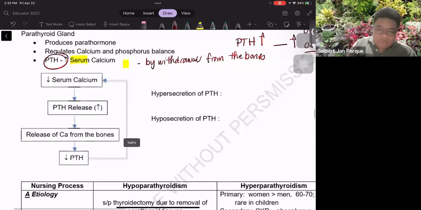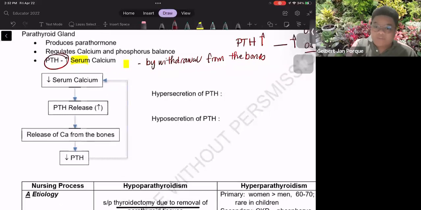Now, let's look at this simple diagram which demonstrates the negative feedback mechanism between your calcium and your PTH. If you would look at this, once your serum calcium in the bloodstream would decrease, PTH would be released. And the release of calcium will be from the bones.